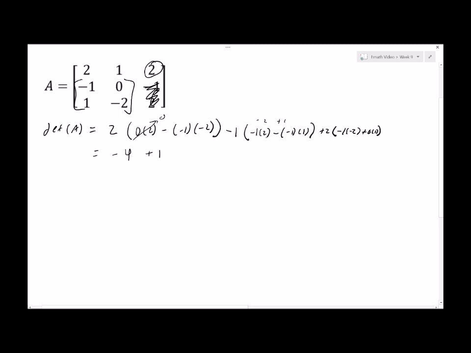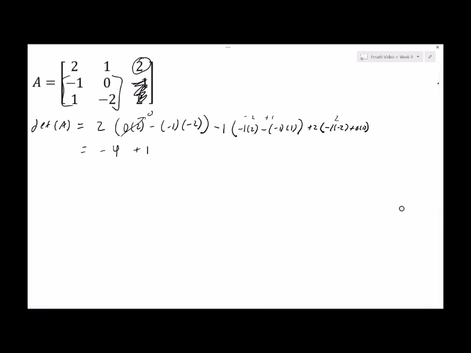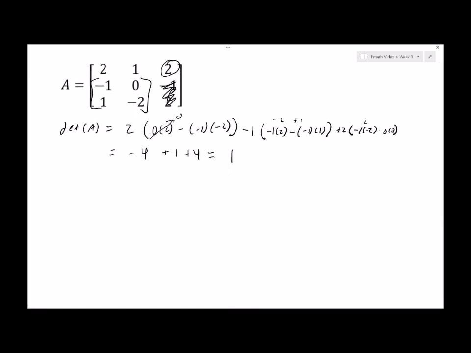And here we're left with negative 1 times 2 is a 2. Technically it should be a minus, but since there's a 0 there, it won't matter. So this will equal 1. So the determinant of A is 1 in this case.